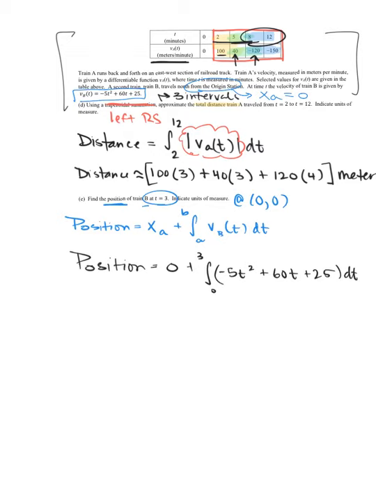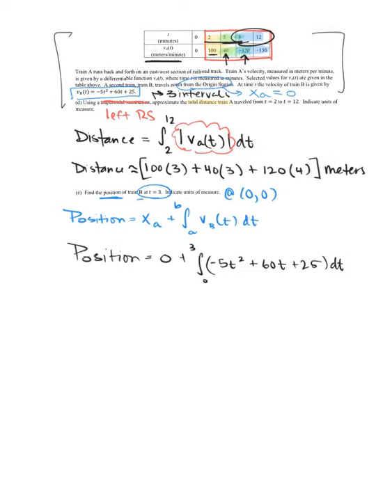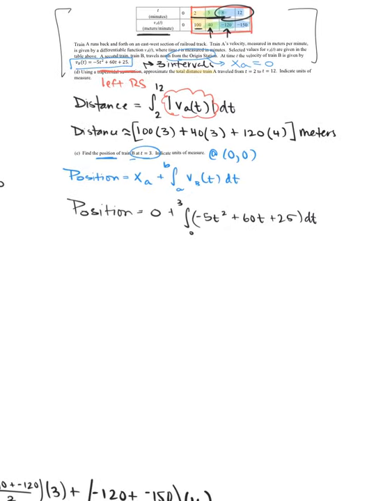It didn't just ask for the integral setup, so that means we have to do a little bit of work here in order to do this problem. So I'm going to have to integrate this, so that would be negative 5 t cubed over 3, plus 60t squared over 2, plus 25t, from 0 to 3.